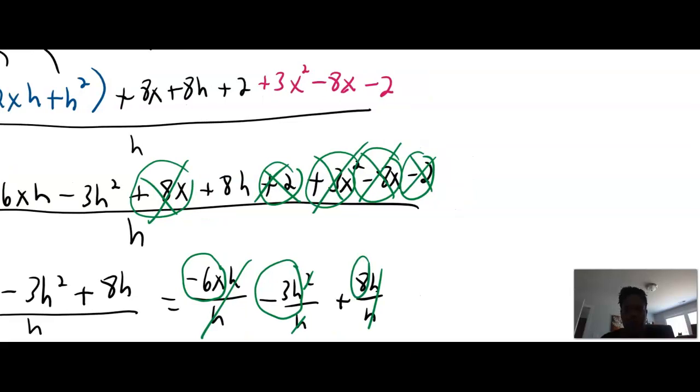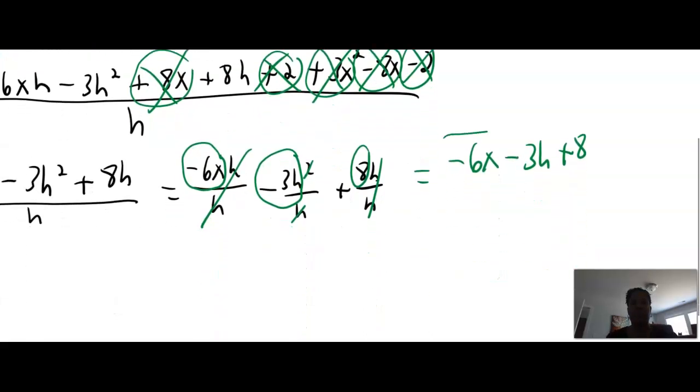So final answer will be, depending on which order you want to write it in, doesn't really matter, but negative 6x minus 3h plus 8. Let me know if this helps or what other questions you have.